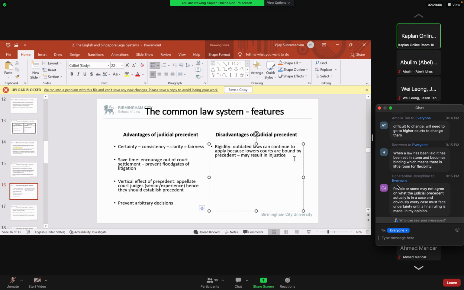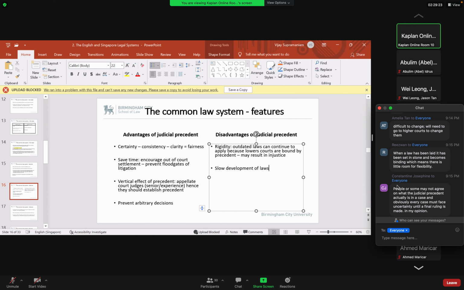So let's consolidate all these views. First problem, the key word here is rigidity, which will result in injustice. I think one of you also said that there is slow development of laws.